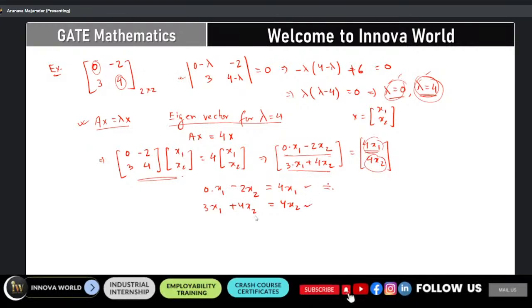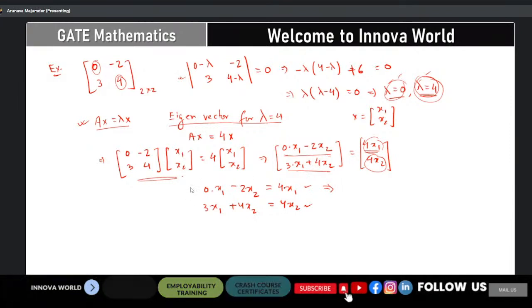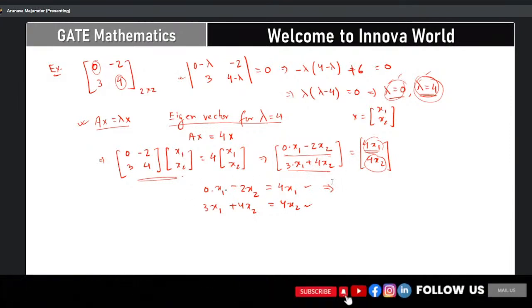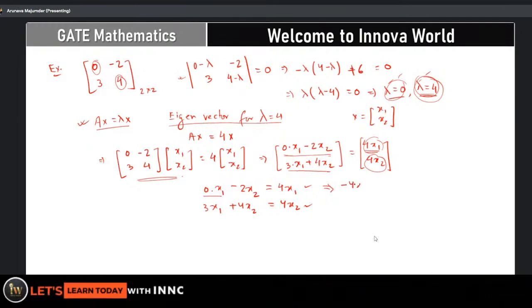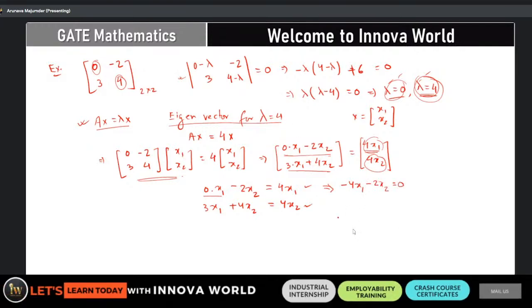Again, we simplify these equations. After simplifying, 0 into x1 is 0, so minus 4x1 minus 2x2 is equal to 0.